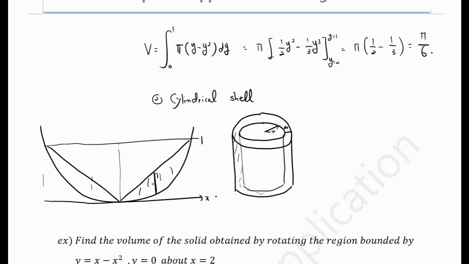For example, this is h, this is dx, and this length is x, because this curve is y equals x. So what is h? H is this value minus this value. This is y equals x and this is y equals x squared, so h is x minus x squared.